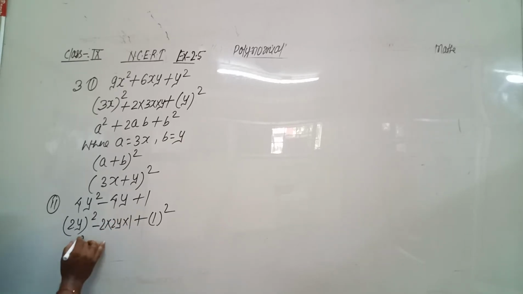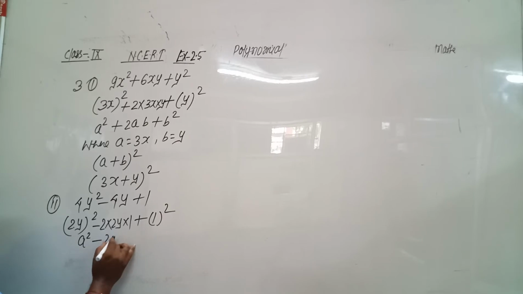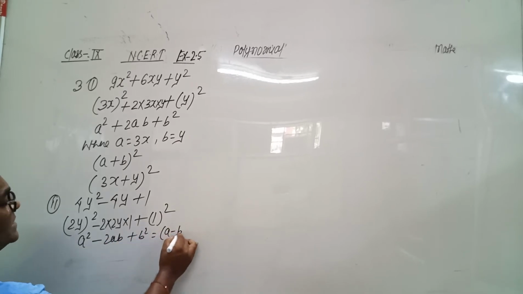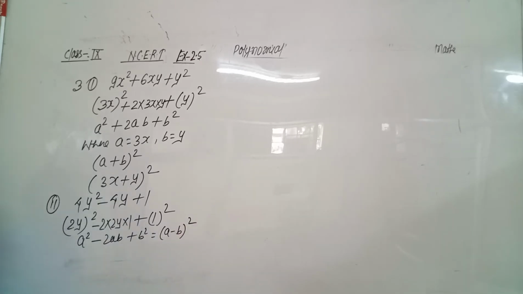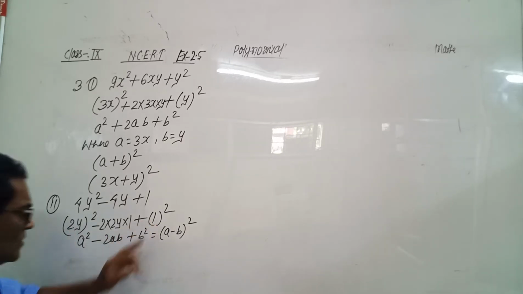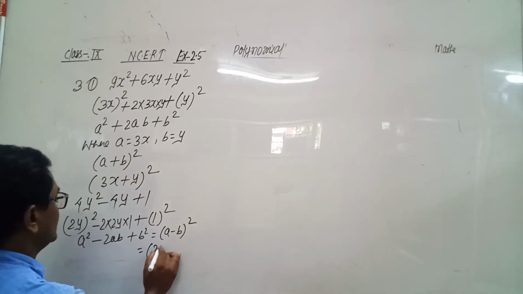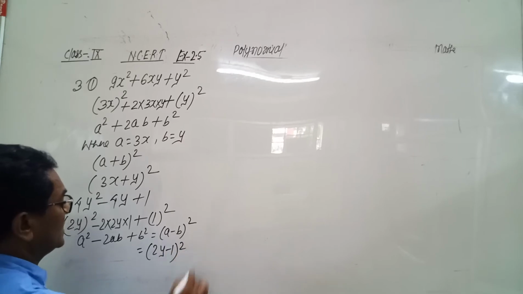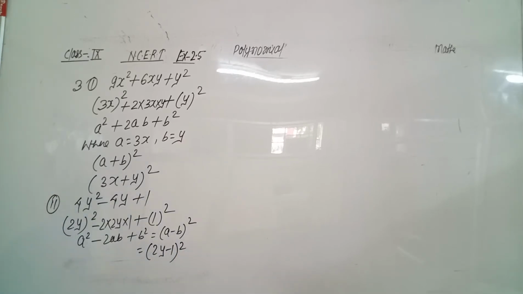Again this is based on the identity a square minus 2ab plus b square, and its formula is a minus b the whole square, where the value of a is 2y, and the value of b is 1. So the result is 2y minus 1 the whole square.